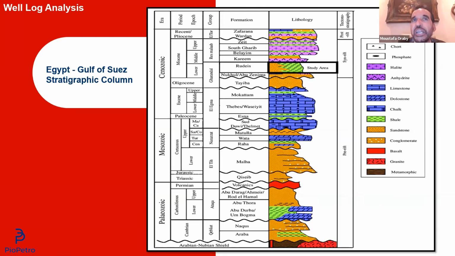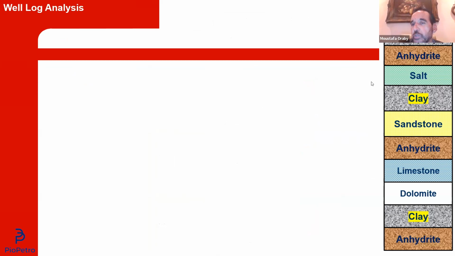How will the log react to this, and how, by looking at the log, can I tell you the log is seeing anhydrite, the log is seeing halite, which is the salt, the log is seeing sandstone, the log is seeing limestone? So in this case, I need to build this skill. Let's take it step by step. Let's assume that I have a certain sequence here.